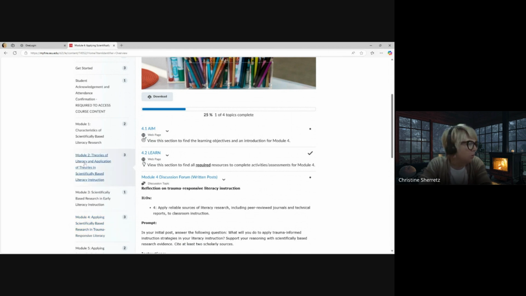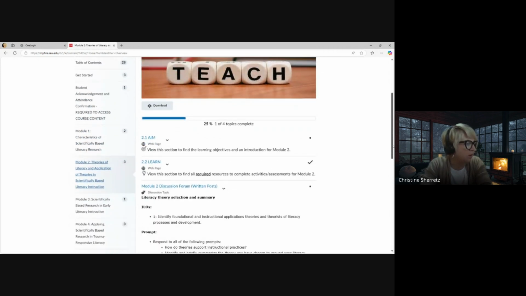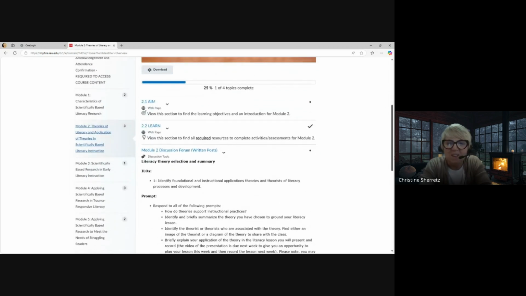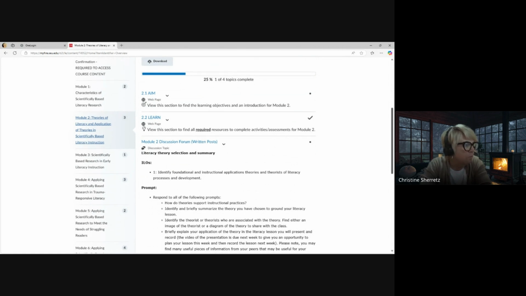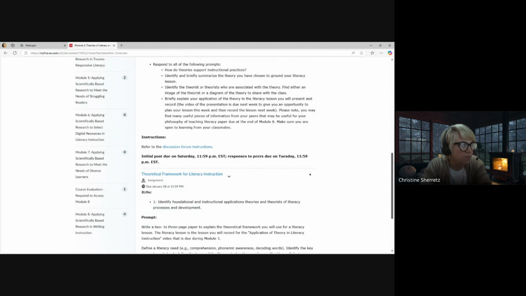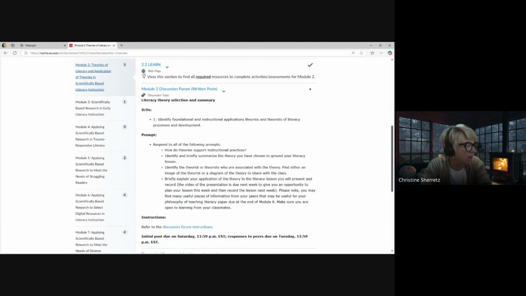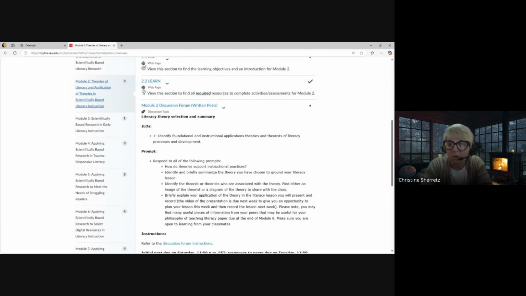In Module 2, you had quite a few articles to read, and a discussion forum where you identified the theoretical framework you wanted to study. Then you wrote a paper about a theoretical framework in literacy. That module was really about the theoretical frameworks behind some of the strategies.